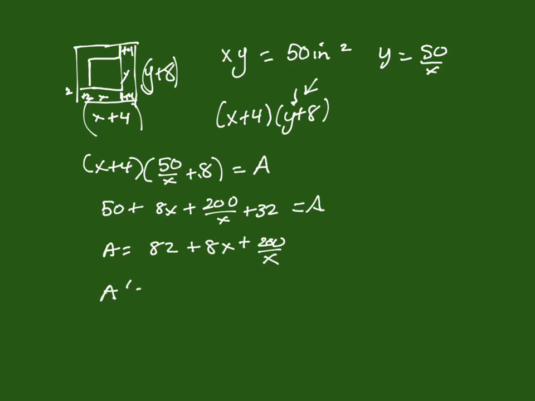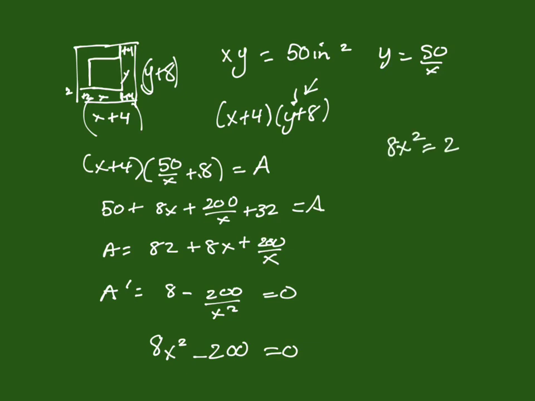So A prime now would be 8 minus 200 over x squared. Set that equal to 0. So this would be 8x squared minus 200 equals 0. So 8x squared equals 200. x squared would be 25, so x would be 5.